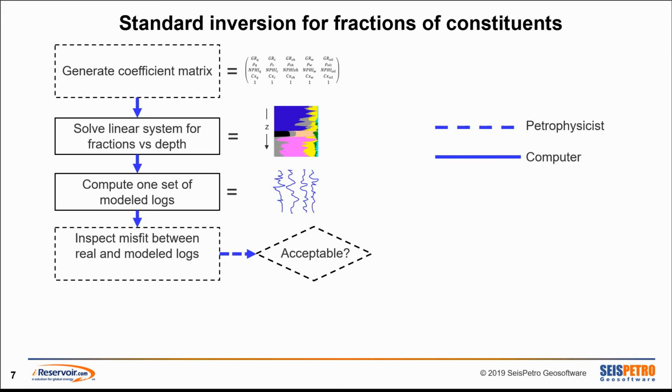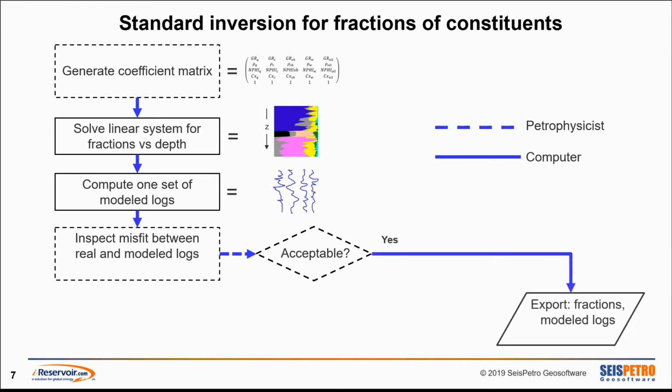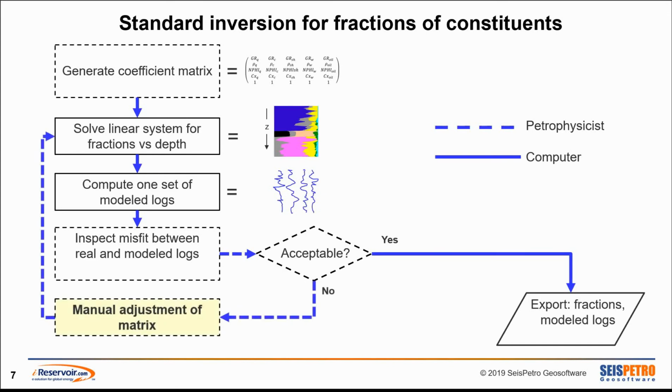If the petrophysicist finds the fit acceptable, then he or she exports the fractions and the model logs. However, if the fit is not considered acceptable, then comes the process of a manual adjustment of the constants. And this is typically performed in a trial and error fashion.